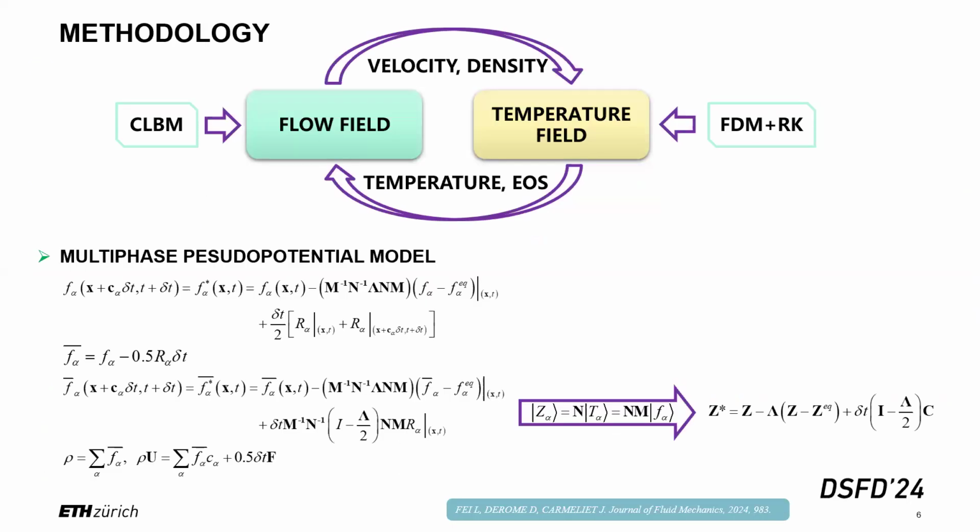We use the cascade lattice Boltzmann method to simulate the flow field, and use the finite difference method to obtain the temperature field. And for the flow field, the multi-phase pseudopotential model is used here. The details can be found in this paper.